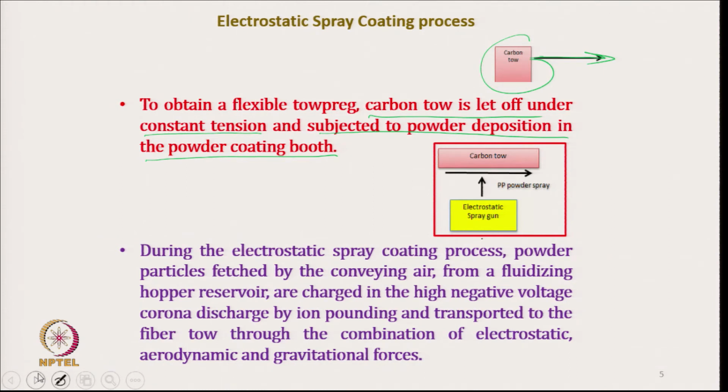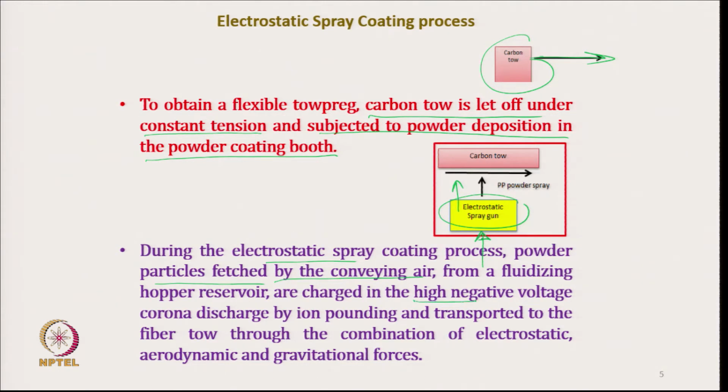Then during the electrostatic spray coating, as I have mentioned, powder particles are carried by conveying air. So, from here conveying air is coming and the electrostatic spray gun charges the powder.